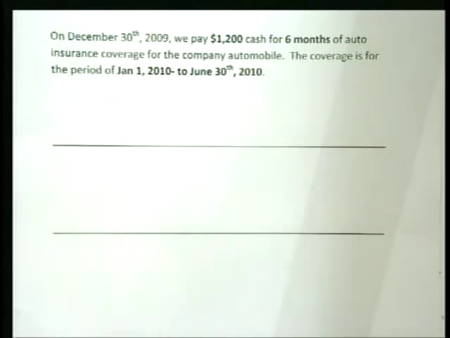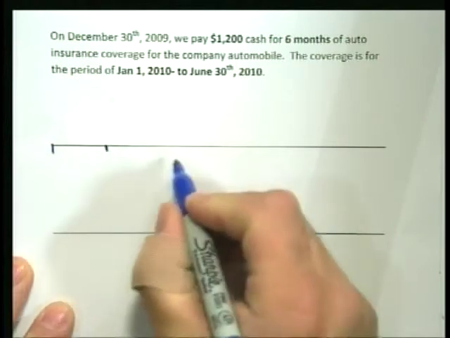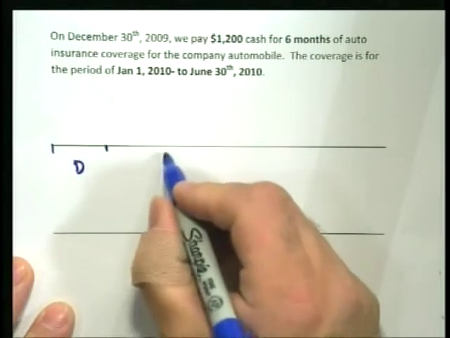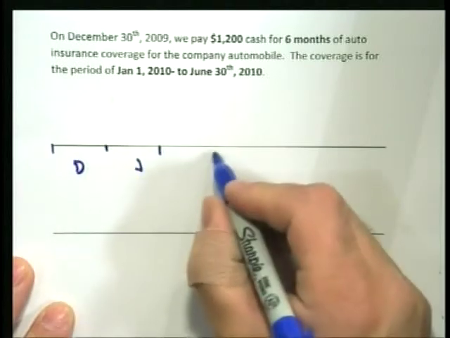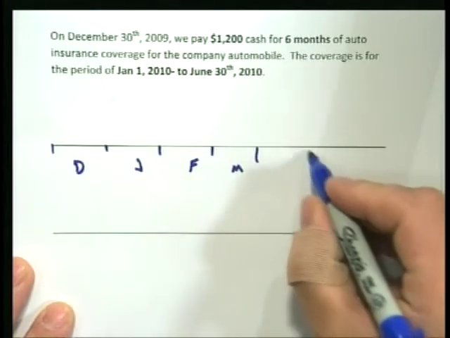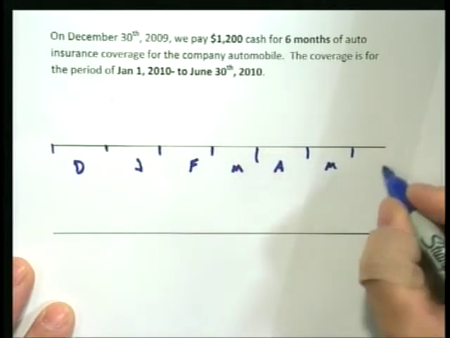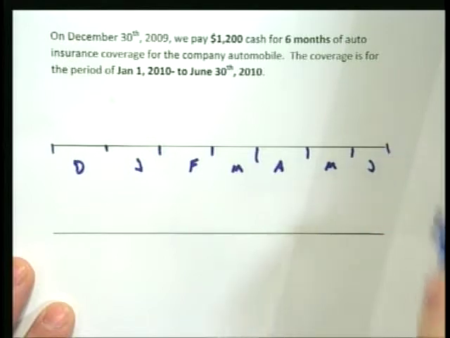Now what I want to do here is draw a little timeline. Let's see if I can divide this up. Let's say this is December, this is January, this is February, this is March, this is April, this is May, and this is June, okay?